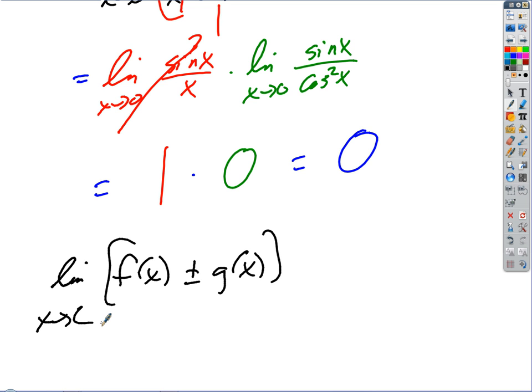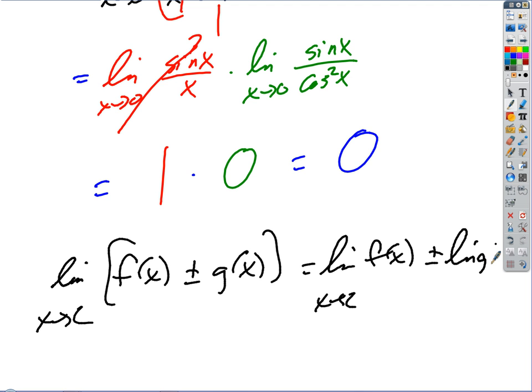Here's how we'd say that. The limit of a sum or difference is equal to the sum or difference of the individual limits. So I could write that as the limit of f of x plus or minus, depending which one it is, the limit of g of x. So I can take out bite-sized pieces, deal with them individually.